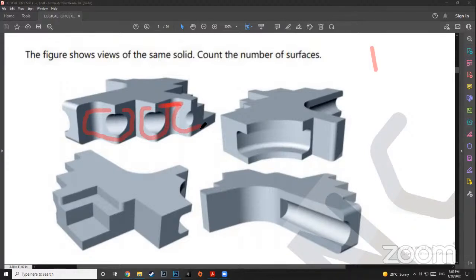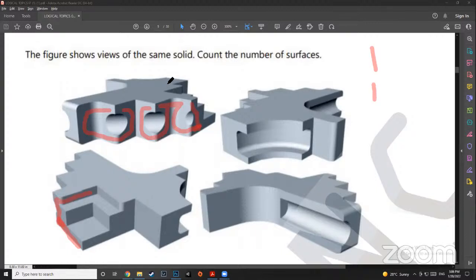Just to be sure, we've reached here, and this is the same as this. You can see that it is going till here, and if you go a little up, this is also smooth. So this whole thing is another surface. This whole thing is one single surface. So one.